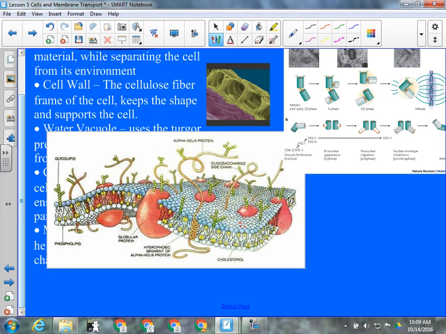That's what all these little things are here with the tails that go down. So it's actually a double layer of fats, and the fats point tail to tail in here. That's what essentially separates inside from outside, because fats and water don't mix. So this essentially keeps fluids from the outside out and fluids inside in. There is some movement back and forth, but it's limited.